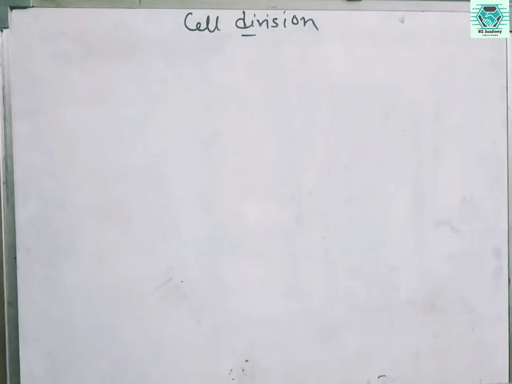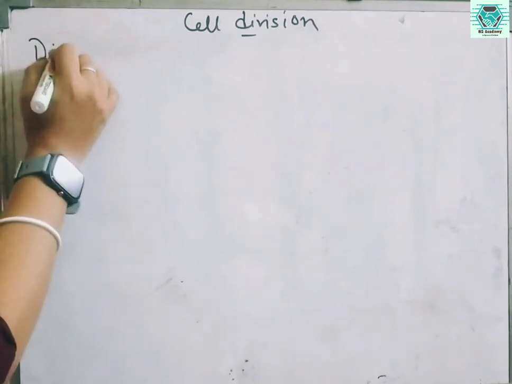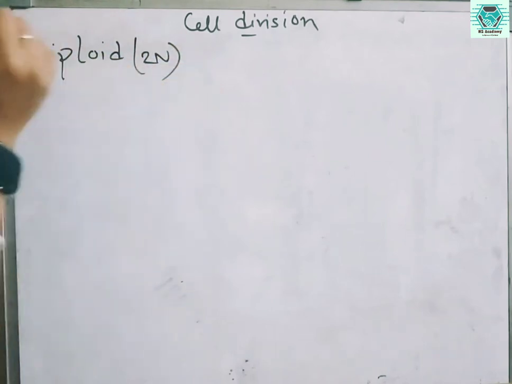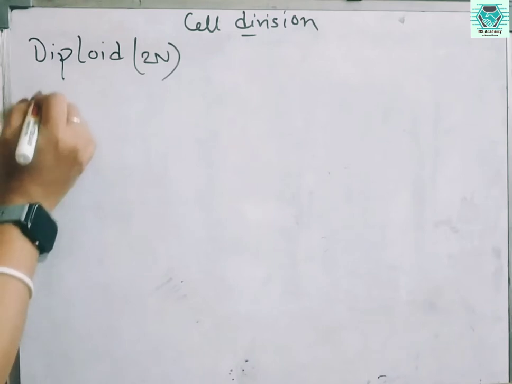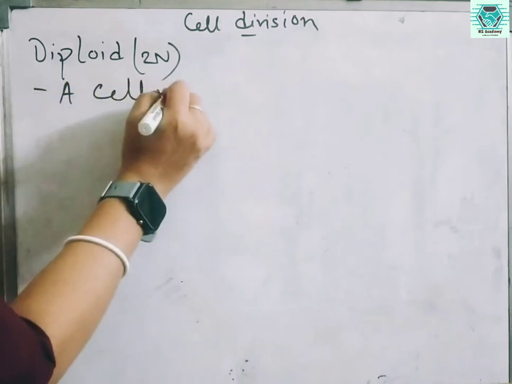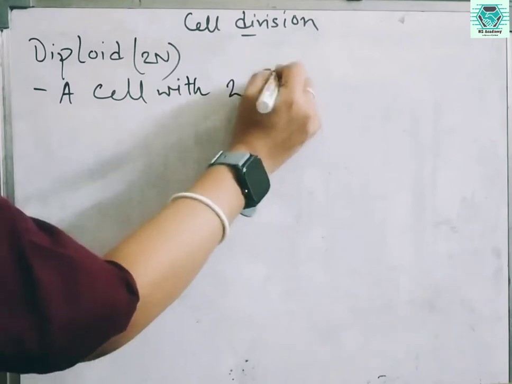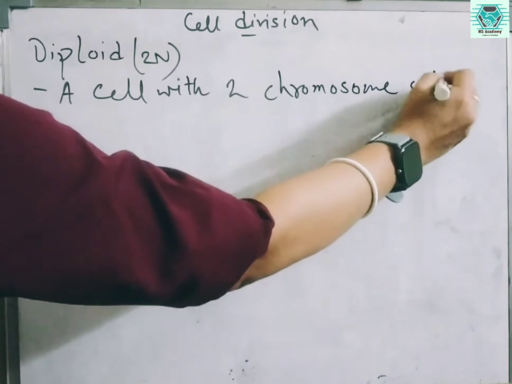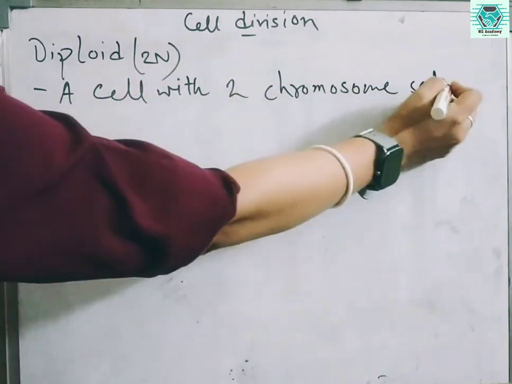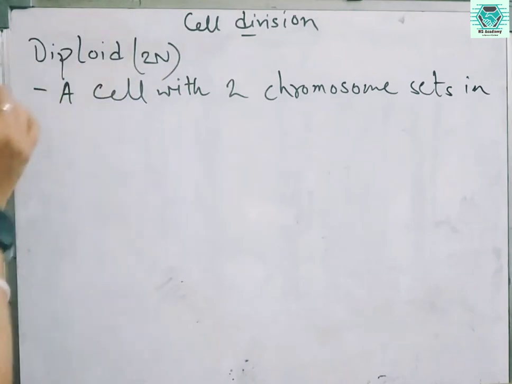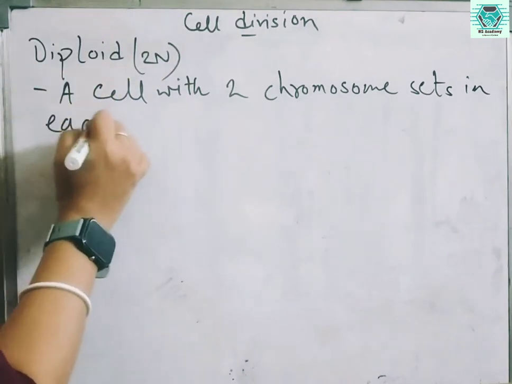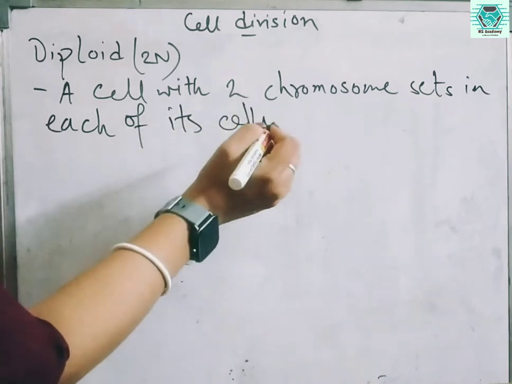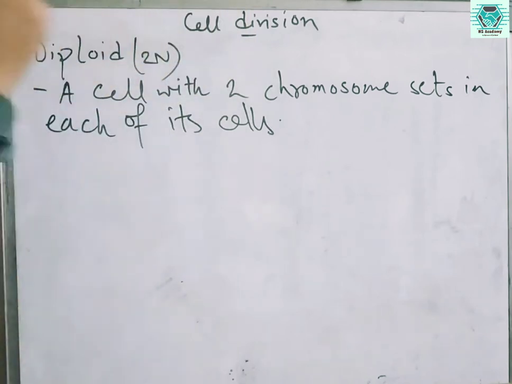So moving to that, diploid means what? Diploid is twice. So a cell with 2 chromosome sets in each of its cells are called diploid cells.